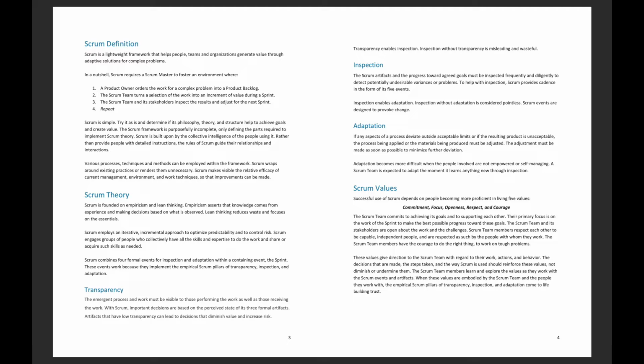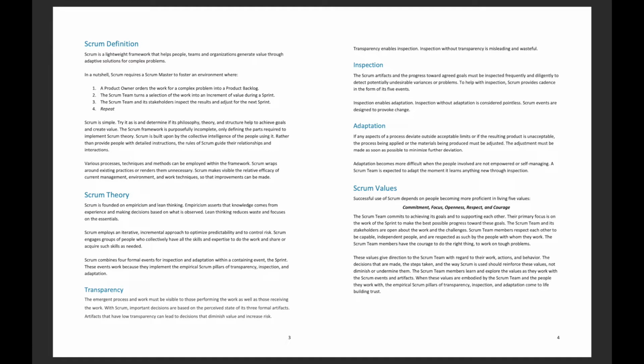Scrum is simple. Try it as is and determine if its philosophy, theory, and structure help to achieve goals and create value. The Scrum framework is purposefully incomplete, only defining the parts required to implement Scrum theory. Scrum is built upon the collective intelligence of the people using it.